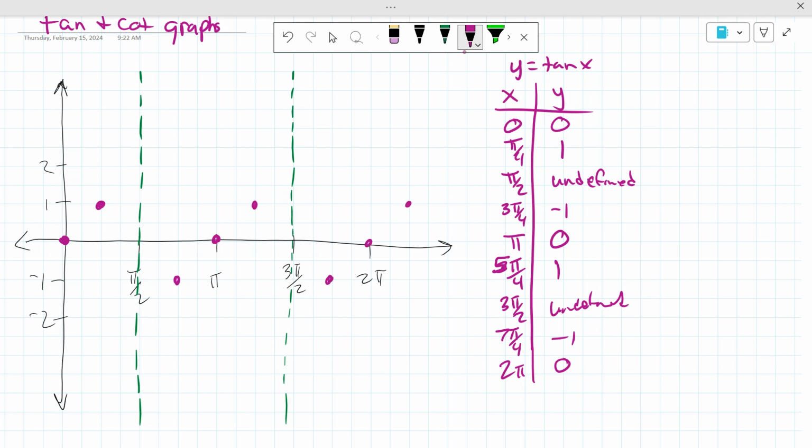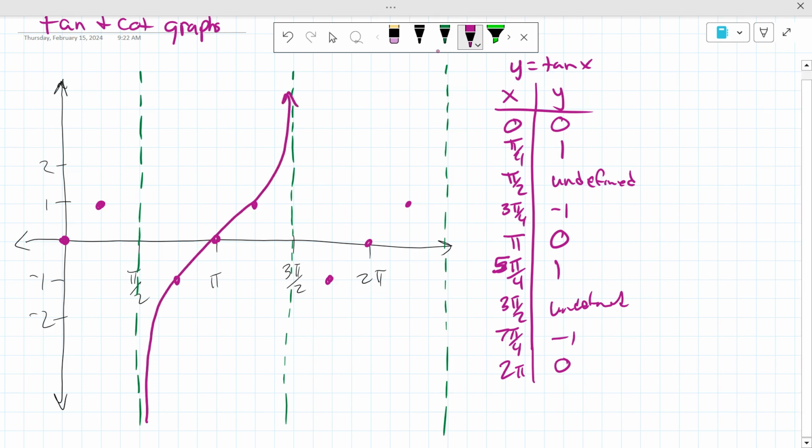If I continue on in the same pattern, it should be like this, right? Okay, so if I'm going up at that angle and I've got an asymptote, what I'm thinking is I follow the asymptote, then I curve. So this is the tangent.